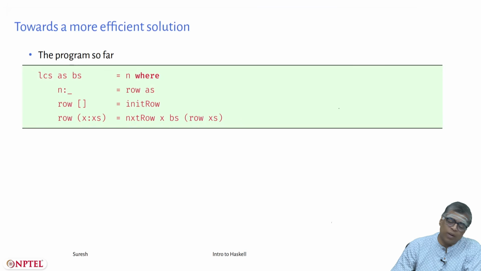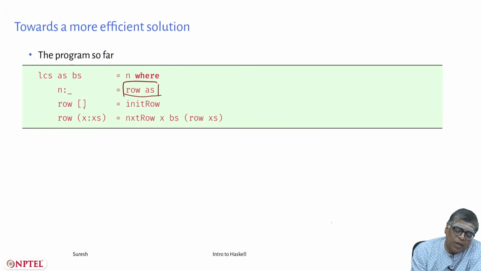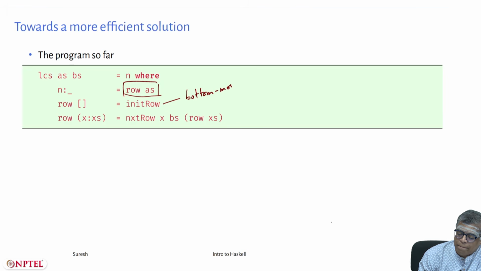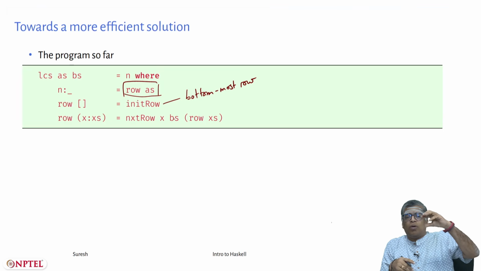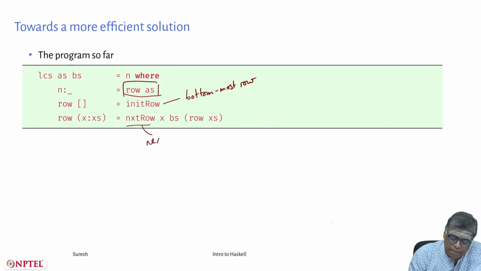So the program, as we have outlined the strategy so far, is to say that LCS As Bs is equal to n, where n is followed by whatever is in row of As. Row of the empty list is initrow, which is the bottommost row in our picturization, and row of x:xs is you compute the next higher row.